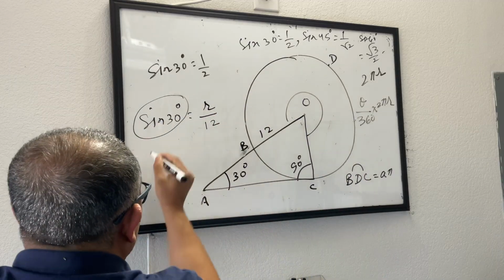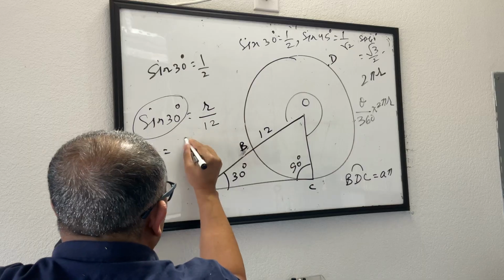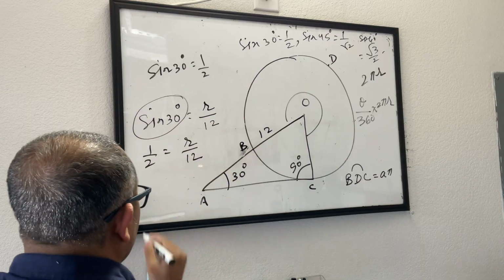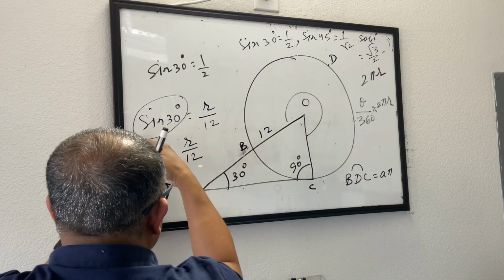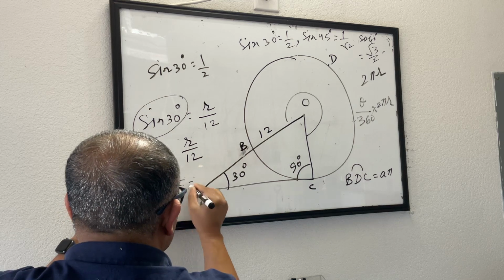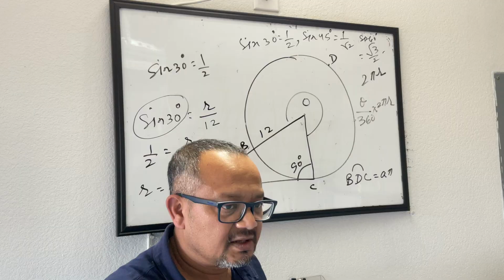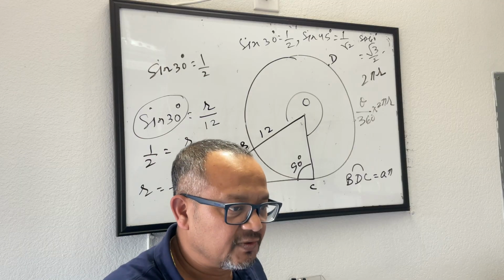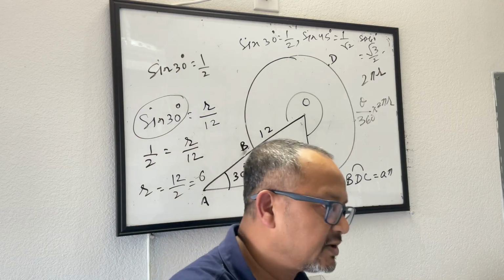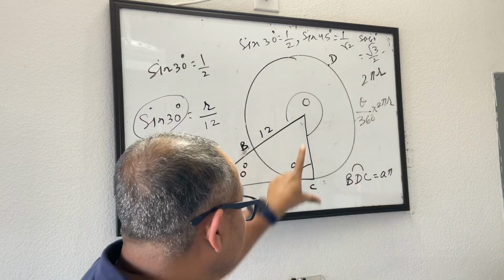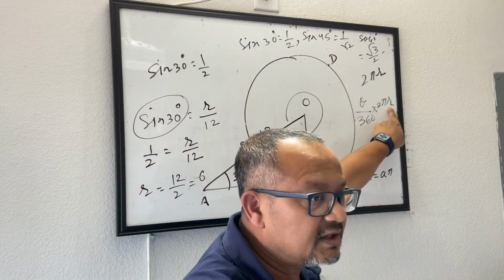And as Vishal said, sine 30 is 1 by 2, which will be equal to r over 12. That means r will be equal to 12 by 2, that is 6. So we got the radius as 6. Is that acceptable so far? Tony, with me? Everybody? We got the radius. So one problem is solved.